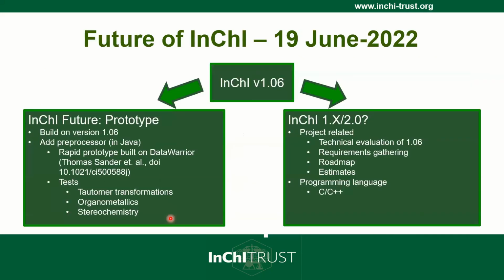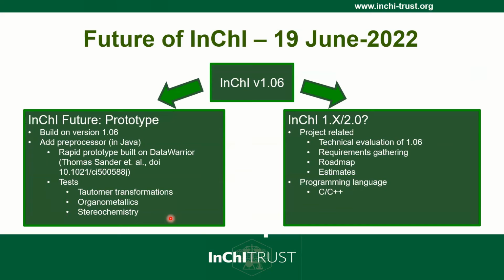Okay, so how do we continue now? In the middle of June, we had a meeting in Cambridge to discuss the further development, and there we had some ideas; that's the outcome of all the discussions. So we start with InChI 1.06, and we start with a prototype.